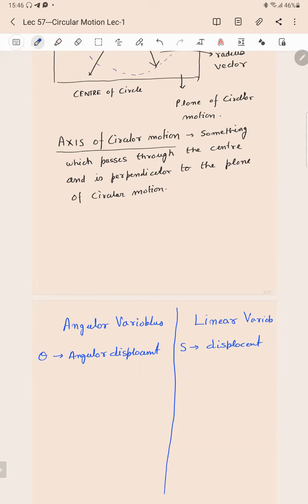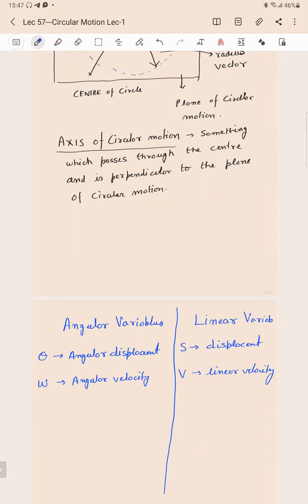Okay, so s is linear displacement and theta is called angular displacement. Then you have v, which is rate of change of displacement with time, and this is linear velocity. And here you get omega, which is angular velocity. Now angular velocity is simply rate of change of angular displacement with respect to time. Same as s and v are connected.